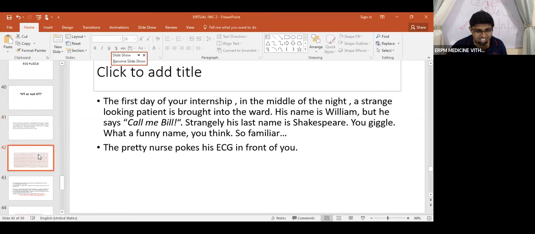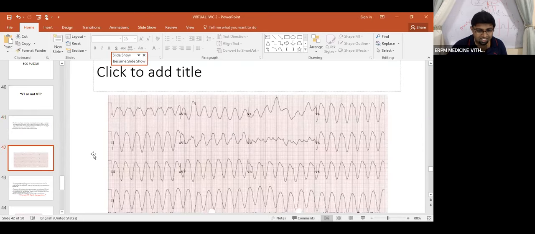This is the ECG. I'll discuss it again in the Viva class, but anybody, what is this ECG? VT. We'll see. Yes, everyone is saying VT.